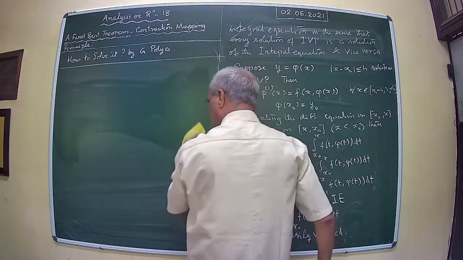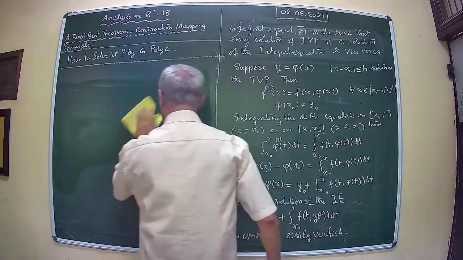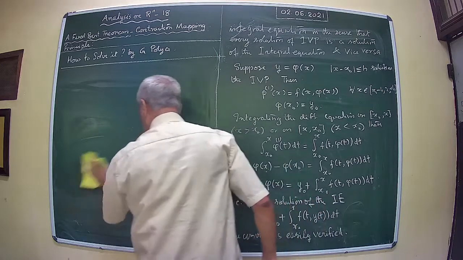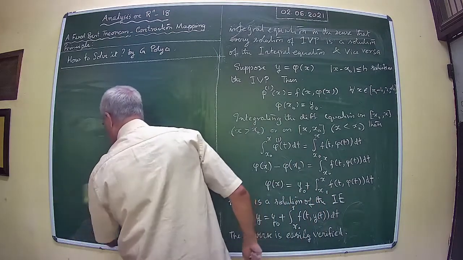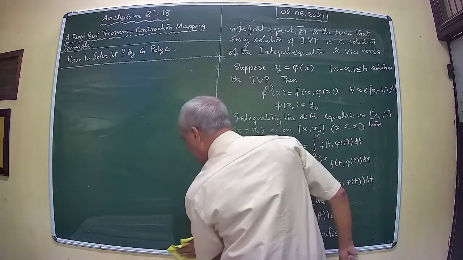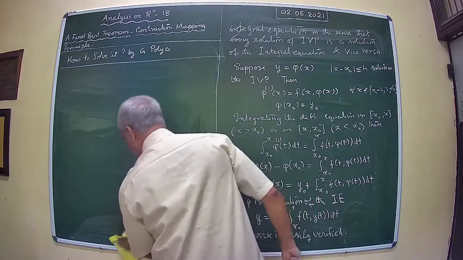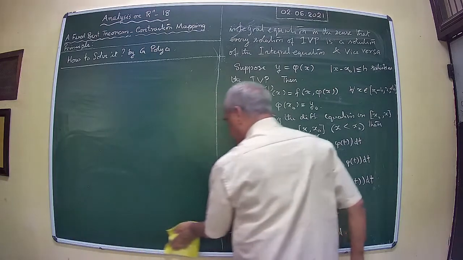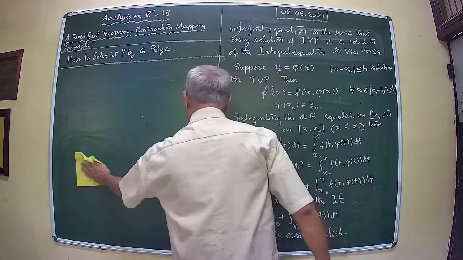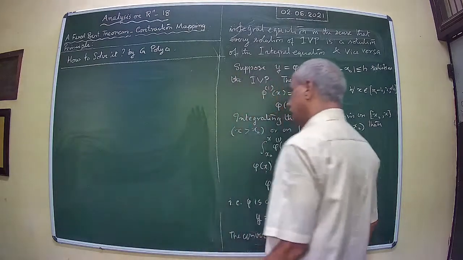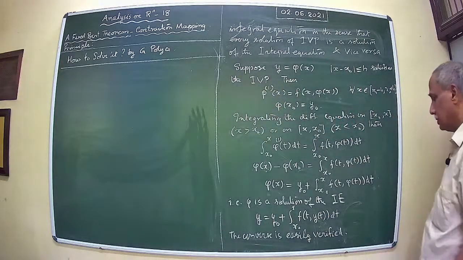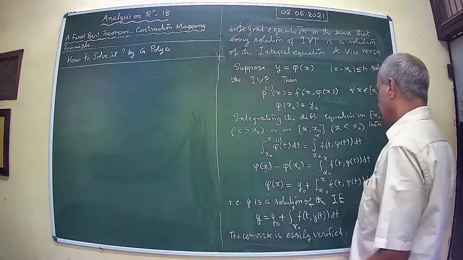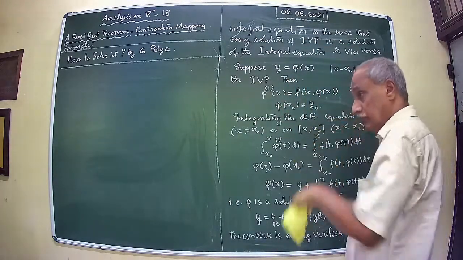And this is a beautiful thing. We do it knowingly or unknowingly. We keep converting one problem into another problem. For instance, in the first case, finding the zeros of a function, we try to transform it into a problem like f x equal to x. So here we have transformed the initial value problem to an integral equation which are equivalent.